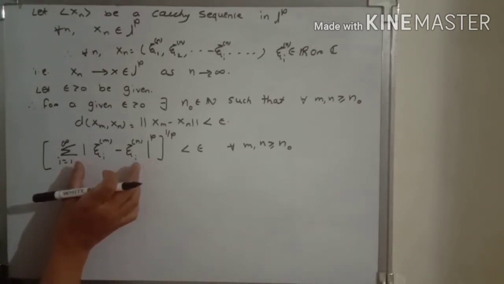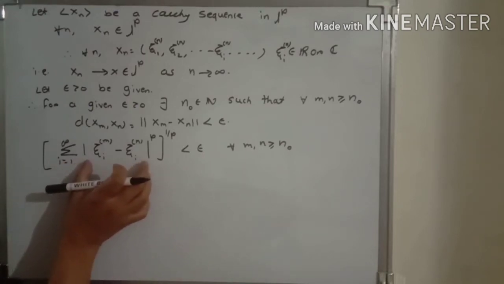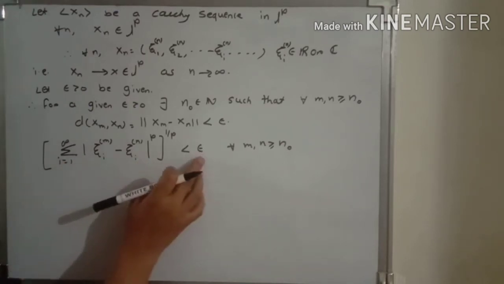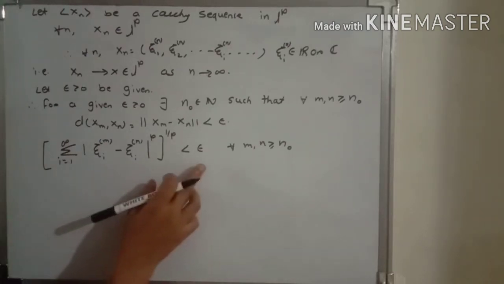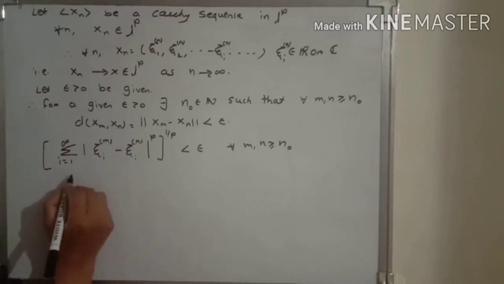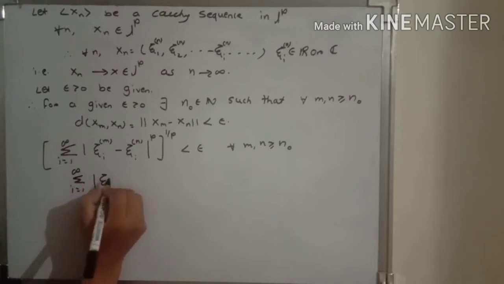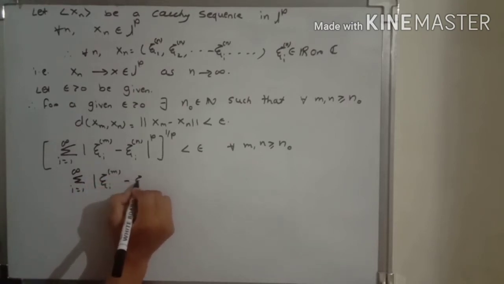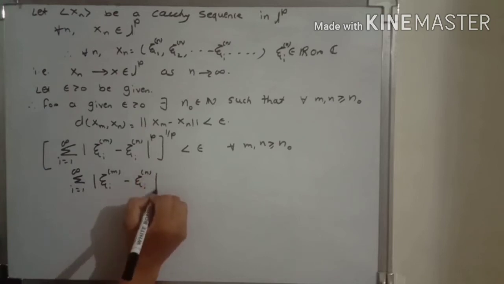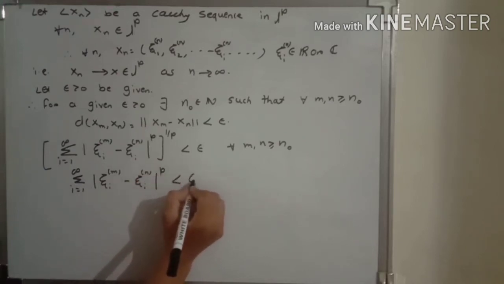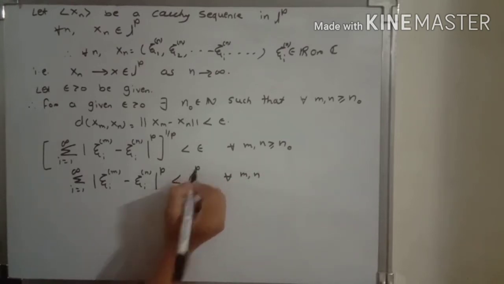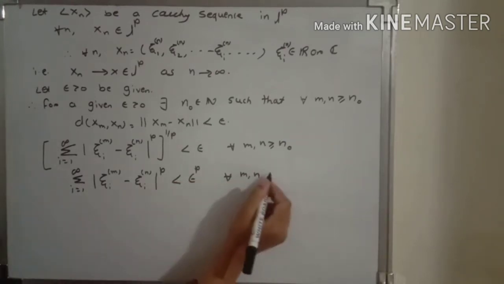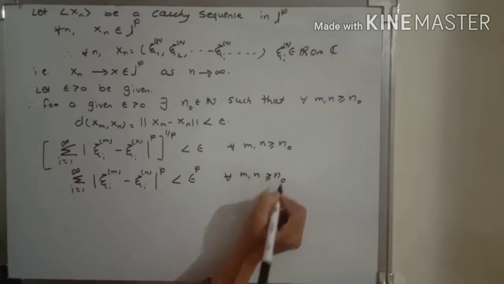That means each term in the sum is non-negative, as well as epsilon is also non-negative. So taking the power p on both sides, we get summation i from 1 to infinity mod of xi im minus xi in to the power p is lesser than epsilon to the power p for all m, n greater than or equal to n naught.